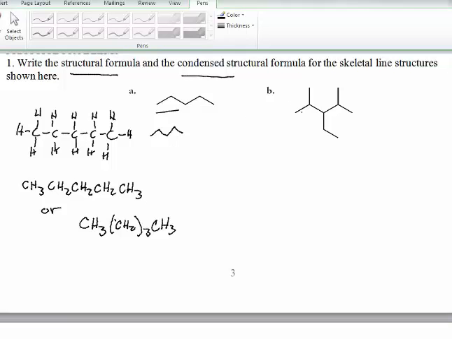So here is a much more elaborate structure. We start off with 5 carbons in a row. Off of the second carbon is a 1-carbon branch. Third carbon has a 2-carbon branch. Fourth carbon has a 1-carbon branch. Now we fill in hydrogens to bring each carbon up to 4 bonds. It takes a little while.